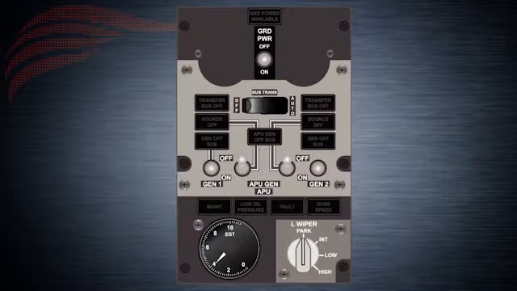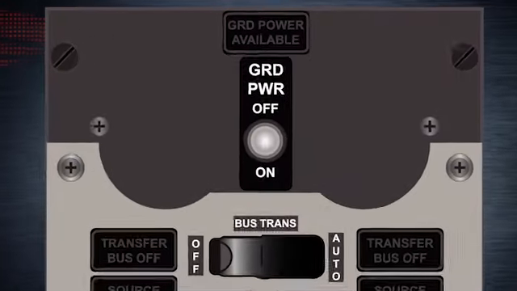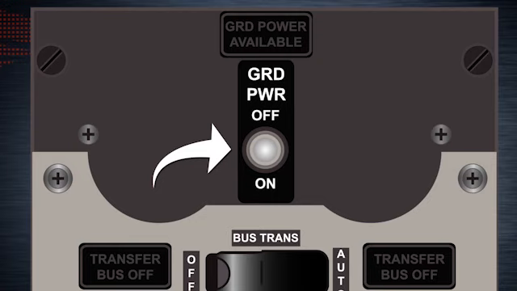Moving on, the third electrical panel in the 737NG is the ground power panel and has only 1 switch and 1 light. A ground power switch that is spring-loaded to neutral has the following positions. Off. Disconnects all ground-supplied power from both AC transfer buses. On.